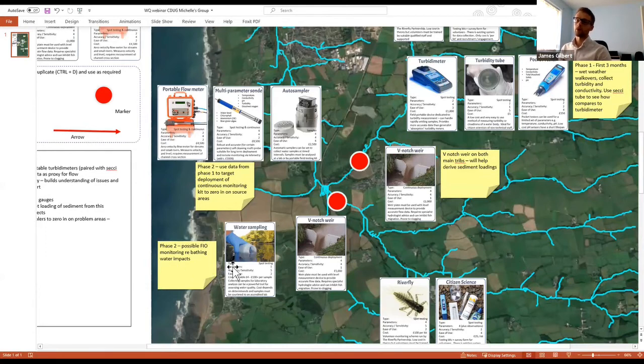Perhaps fecal coliforms could be analysed in the lab from the auto samplers, etc., to start informing that, and that could have spin-off projects to ensure the monitoring keeps on happening, basically.